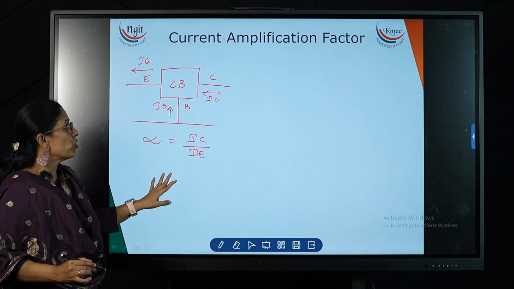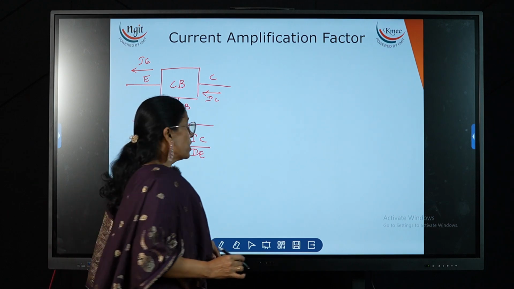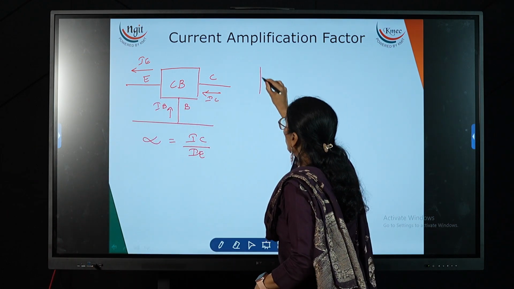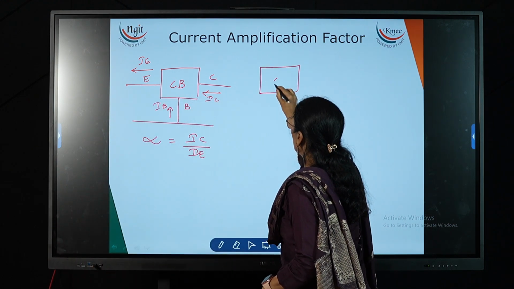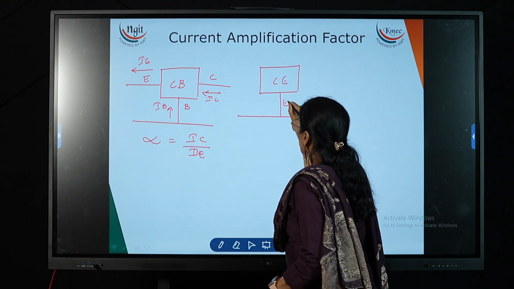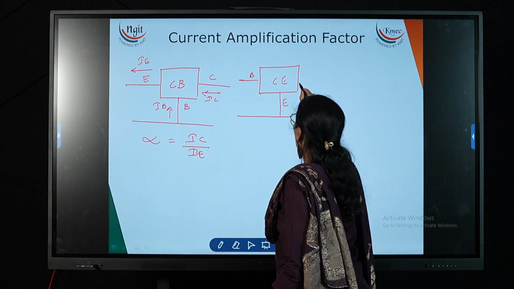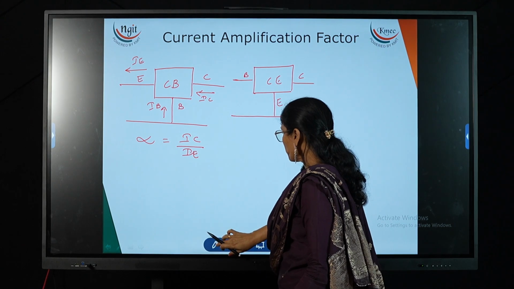Similarly, we need to calculate the current amplification factor in CE and also CC. Coming to the CE configuration, the emitter is the common terminal, the base is the input terminal, and the collector is the output terminal.